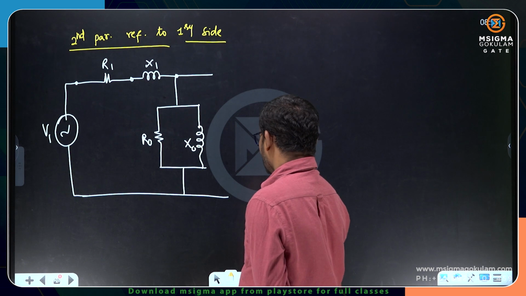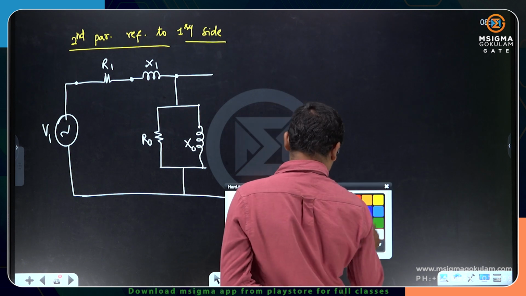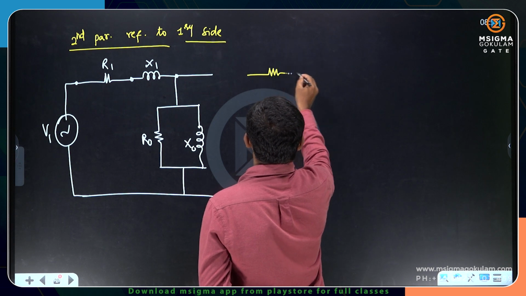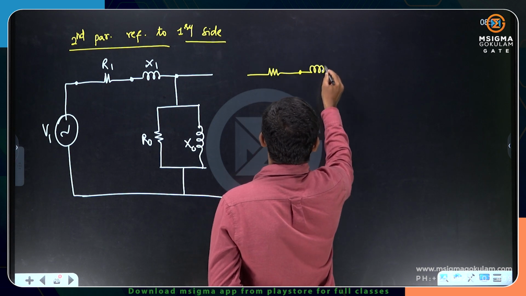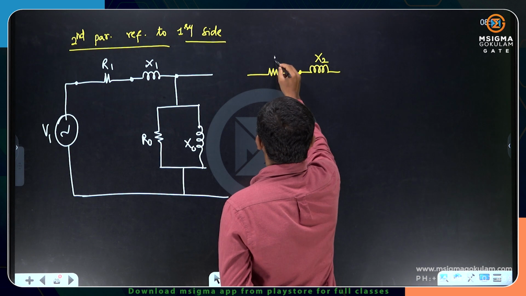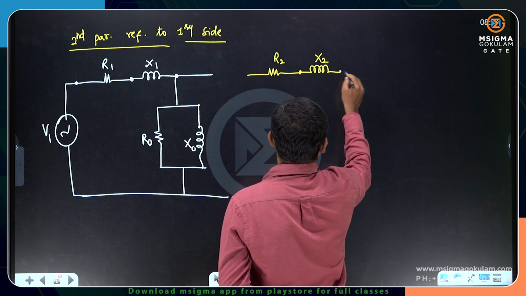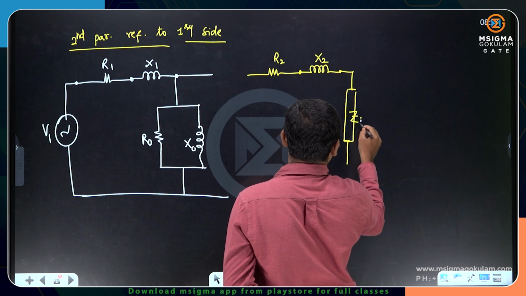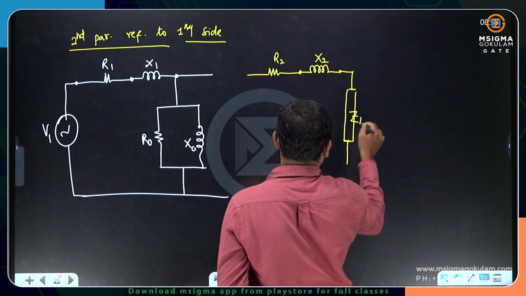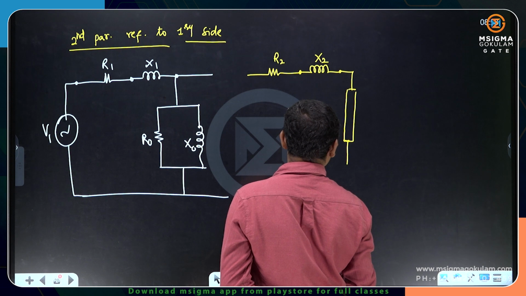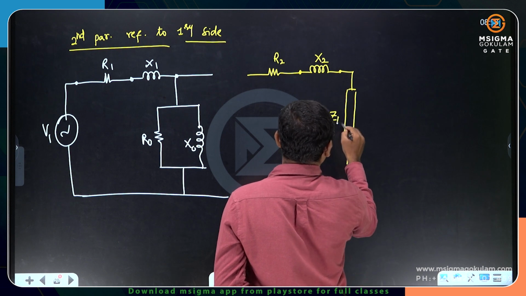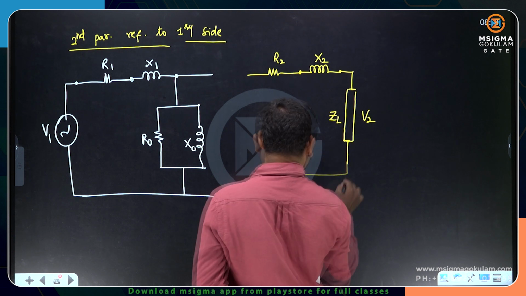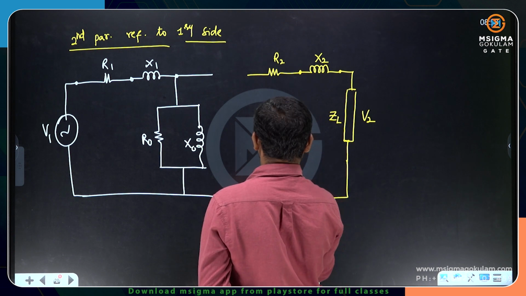Okay. Now coming to the secondary parameters. On this side we have R2 and X2, and we have a load like this. The load impedance is ZL, and let me take the voltage across the load as V2.